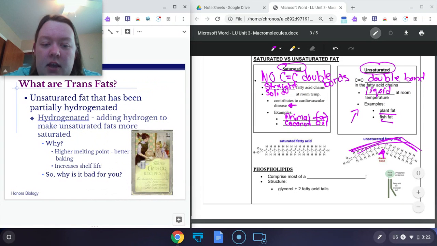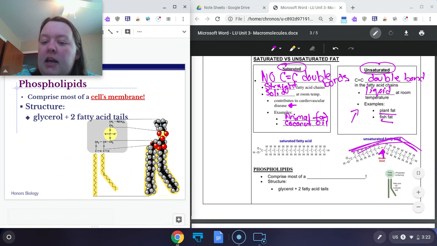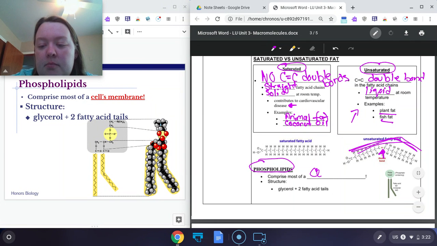And one last thing about fatty acids and lipids before we go. We had mentioned phospholipids being found in the cell membrane.